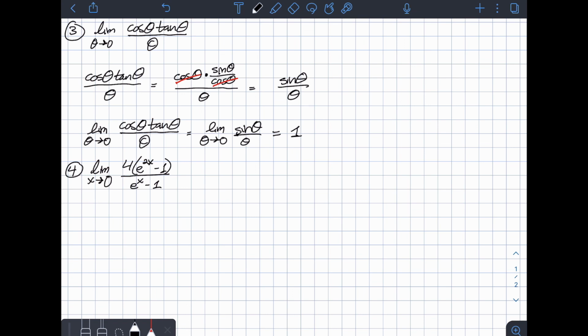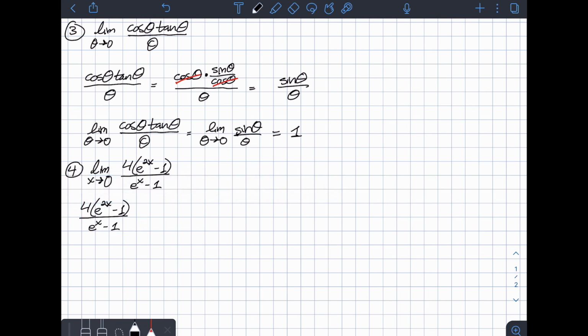If we plugged in 0, with direct substitution, we have 4 times e to the 2 times 0, which is e to the 0, which is 1, minus 1, so 4 times 0, which is 0, over e to the 0 minus 1, which is also 0. So it's indeterminate. So we try to find an equivalent form.